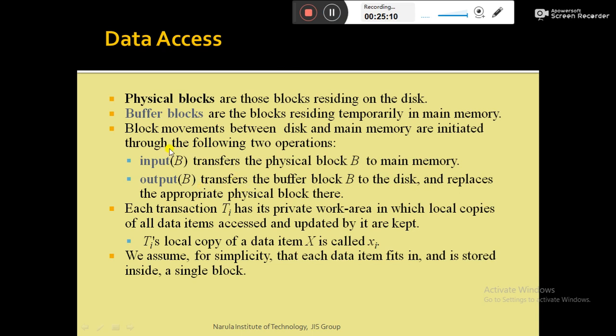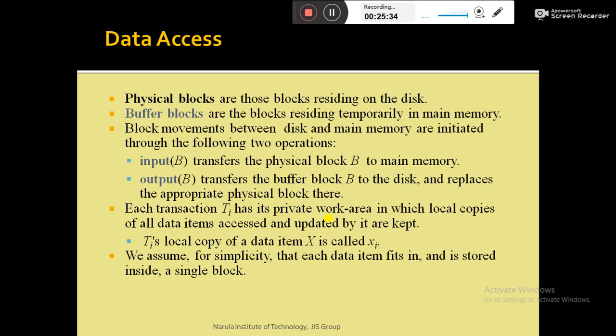Now apart from physical block and buffer block, there is another private area. Whenever a transaction begins its execution, suppose transaction Ti starts executing, apart from the buffer block, another private area is allocated within the RAM, which is specific to a particular transaction.